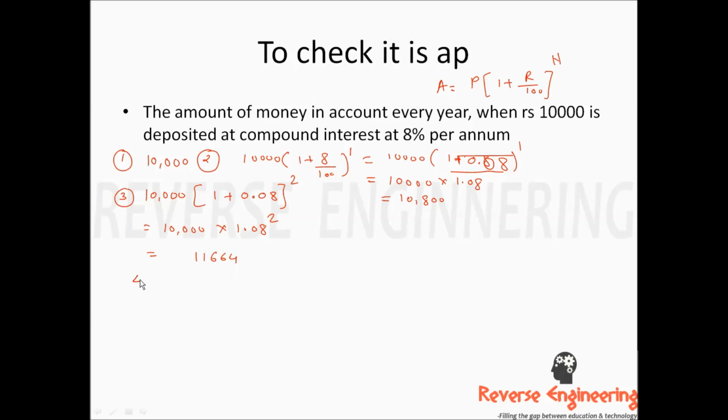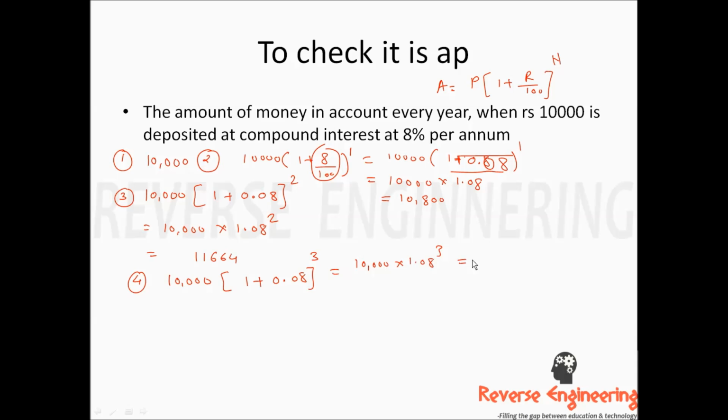For the next one, it will be again the same thing, 10,000 times (1 plus 0.08), where 0.08 is nothing but 8 upon 100. So 1 plus 0.08 raised to 3, that is 10,000 into 1.08 raised to 3.